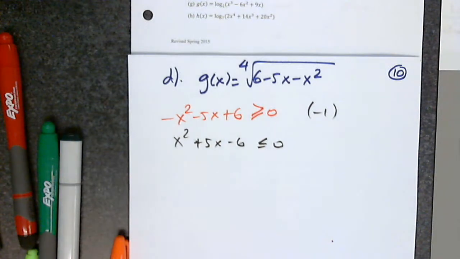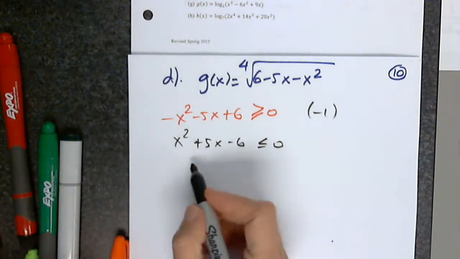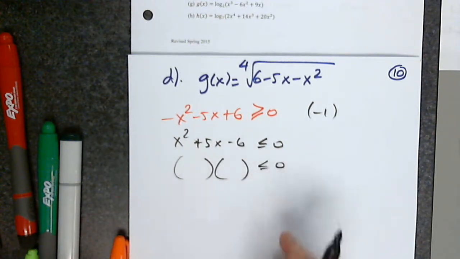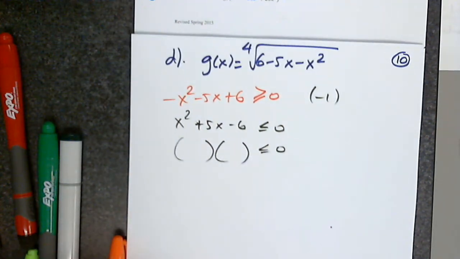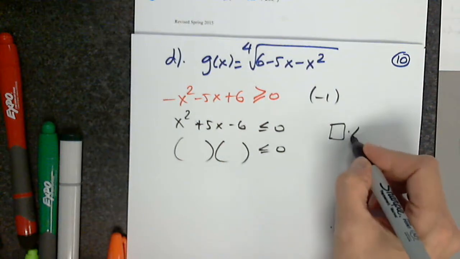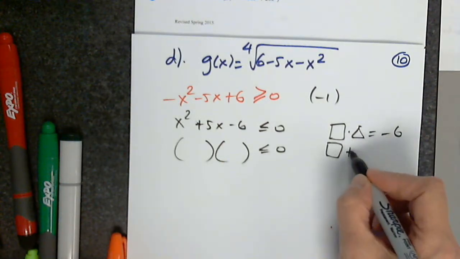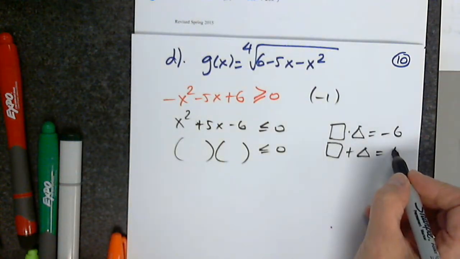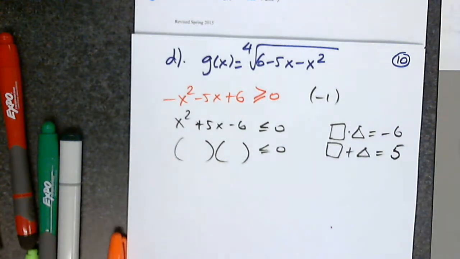And now again I think, okay, how do I solve this? So I need two numbers whose product is -6 and whose sum is 5. Good, 6 and negative 1.